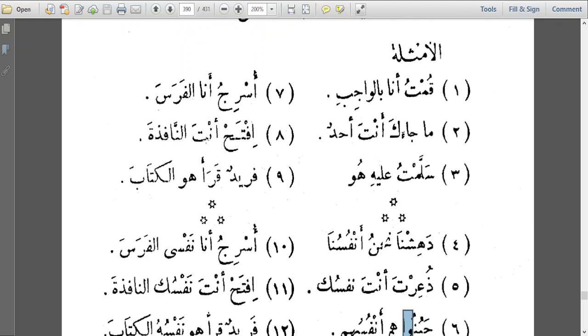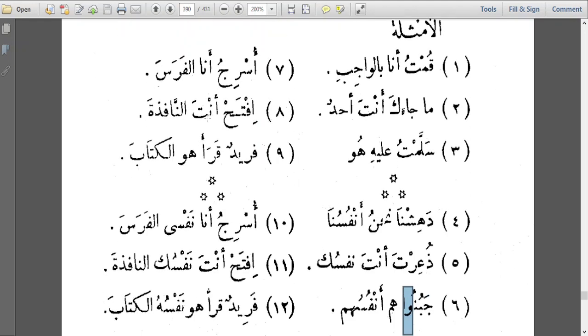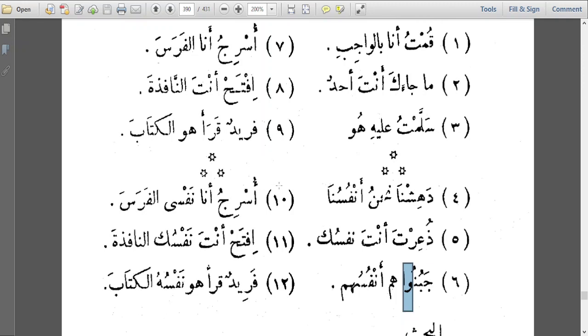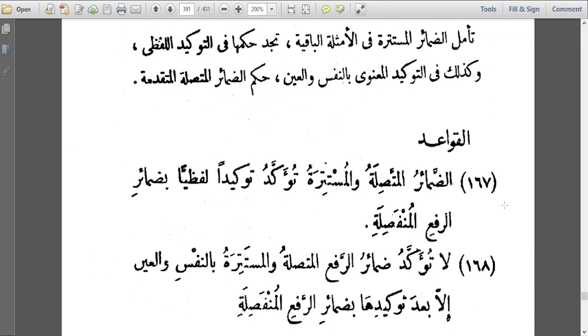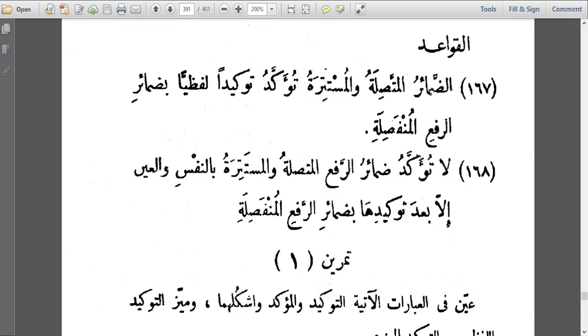So when you are going to emphasize these ones with nafs, before you apply the توكيد المعنوي, you must have brought the توكيد of the ضمير. Okay, you must bring this first. You must first emphasize with the ضمير before you bring the nafs and the عين to emphasize it. Jamil. So he says القواعد, says الضمائر المتصلة والمستترة تؤكد توكيدا لفظيا بضمائر الرفع المنفصلة.